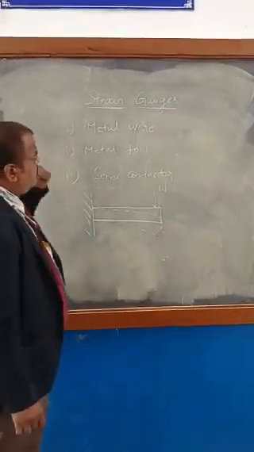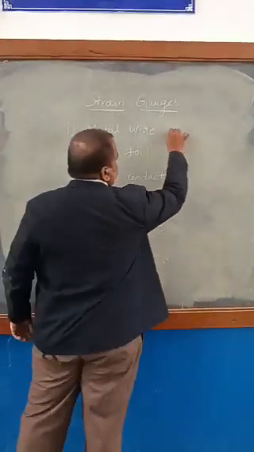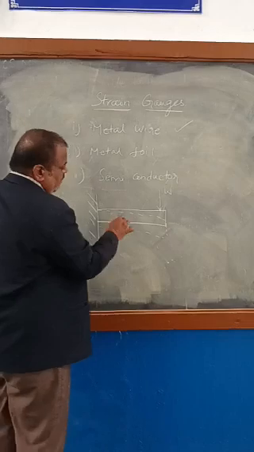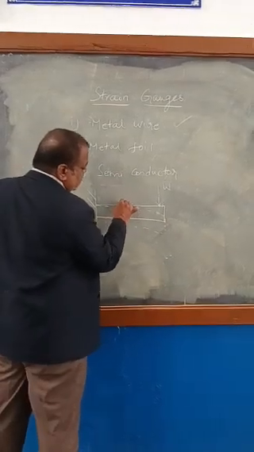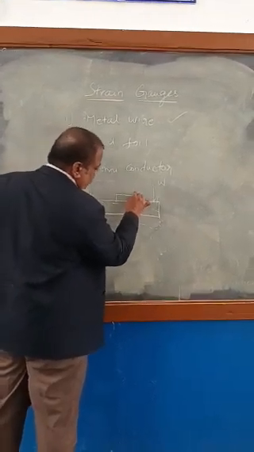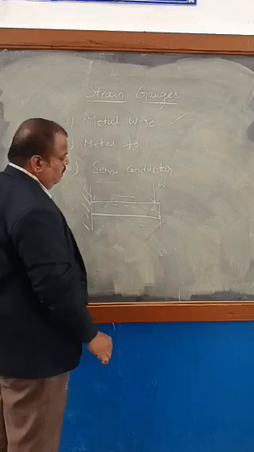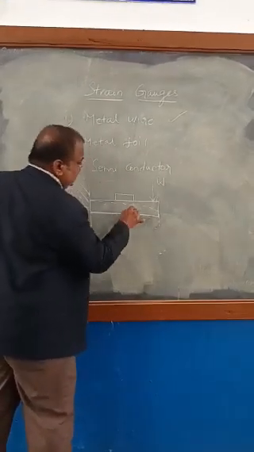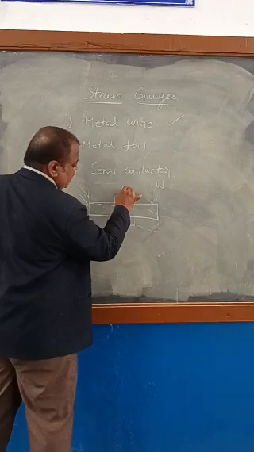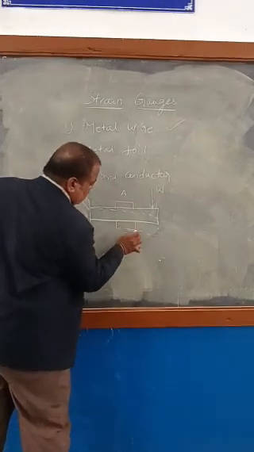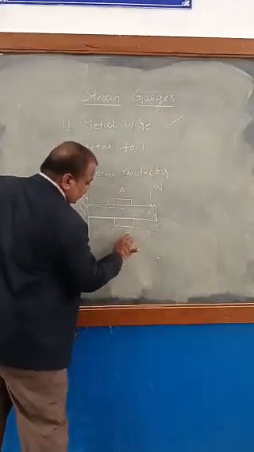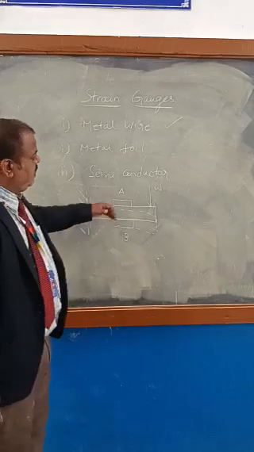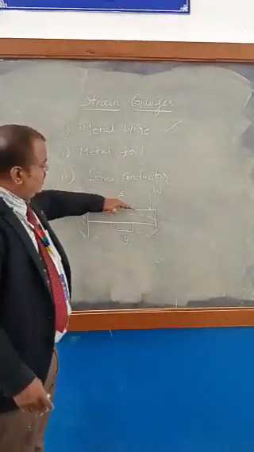So how will it be found out? We will see the first step. When we fix the metal wire strain gauge on the top of the beam, and one more strain gauge, this is the first strain gauge, strain gauge A, and this is the second one, B. These two strain gauges will stick like a stamp.